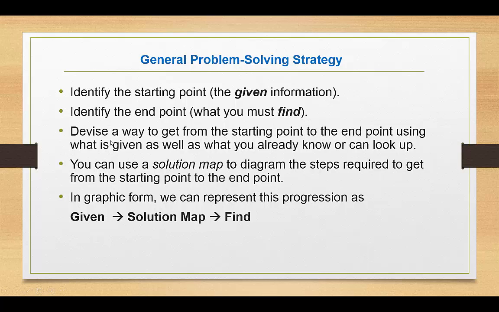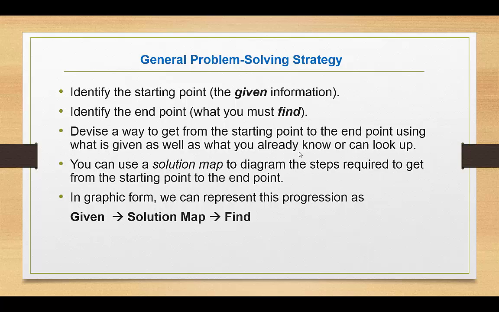Now start trying to come up with a roadmap to get from your starting point to the end point using what you're given, as well as any other information you can get your hands on. What can you look up? What do you already know? What are those conversion factors? If you know that there are 100 centimeters in a meter, you can use that. Or you may be given a piece of information like 1 kilogram weighs 2.2 pounds.